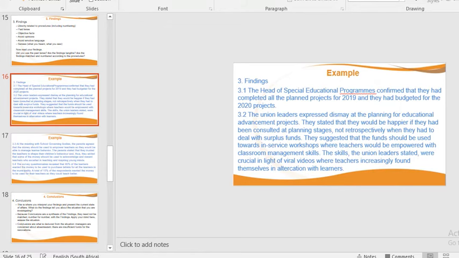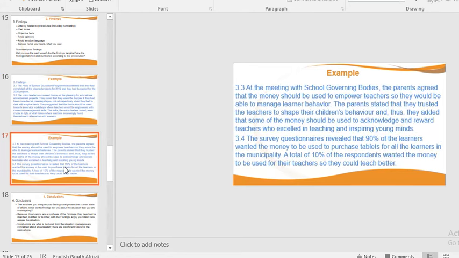Then you continue. At the meeting with the school governing bodies, the parents agreed that the money should be used to empower our teachers. The survey questionnaires revealed that 90%, you see, the percentage that I was talking about. Make sure that when you have included questionnaires in your procedures, there's a percentage of some sort there.